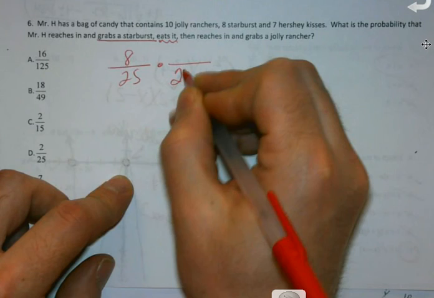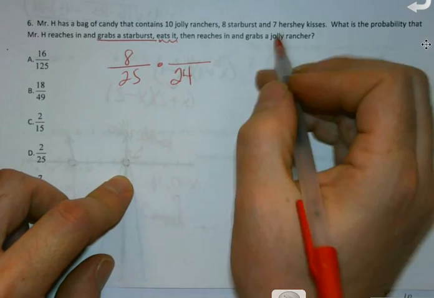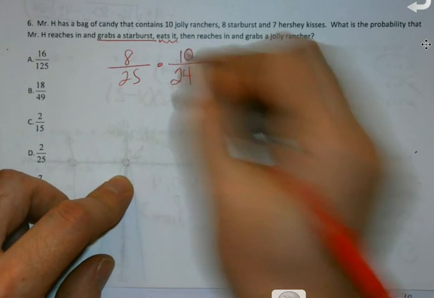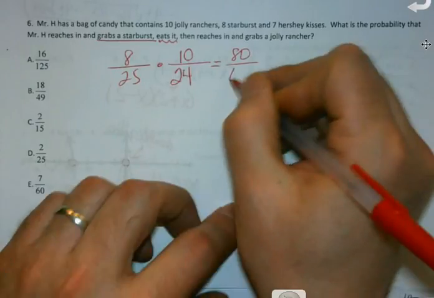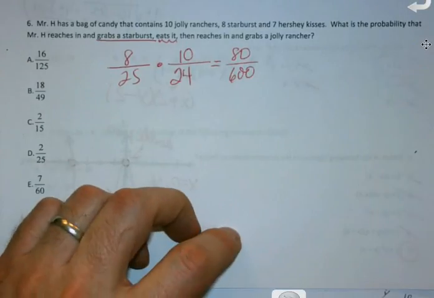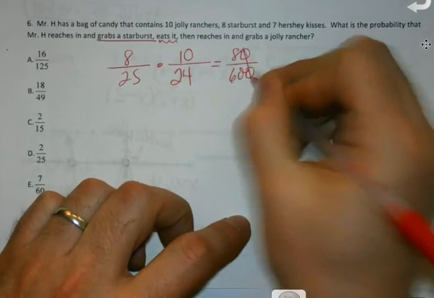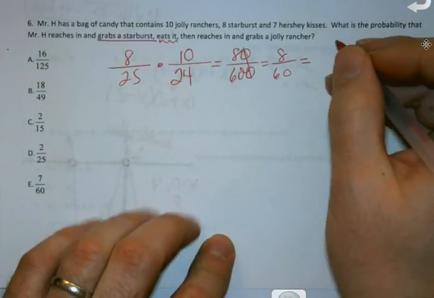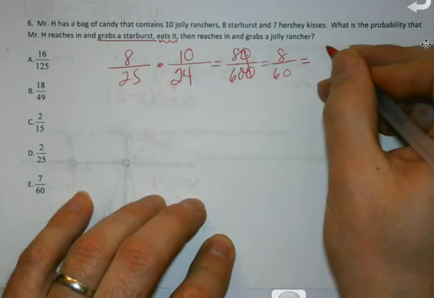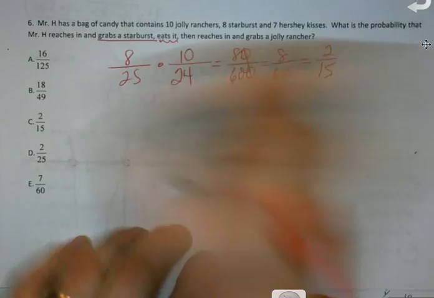Well, I ate the Starburst, so there's only 24 left. And grabs a Jolly Rancher, 10 out of 24. Whenever we're doing anything with probability, okay, you're always just multiplying the options together. And then I just keep reducing my fraction until I can't anymore. And I'm good.